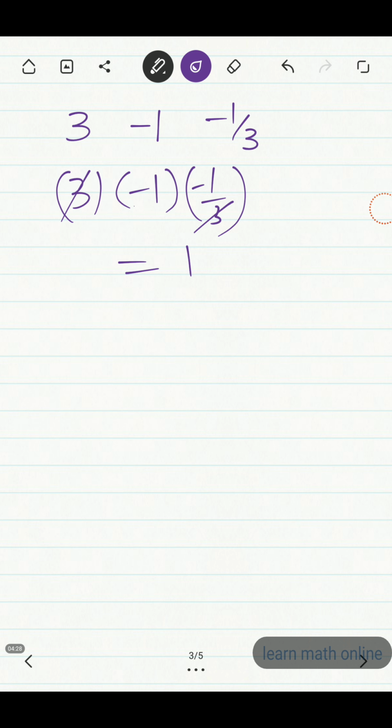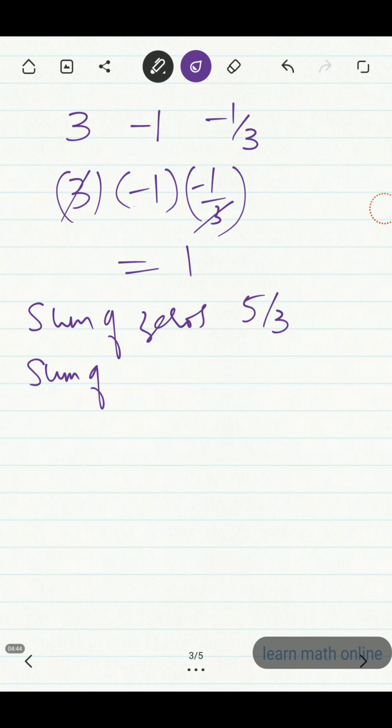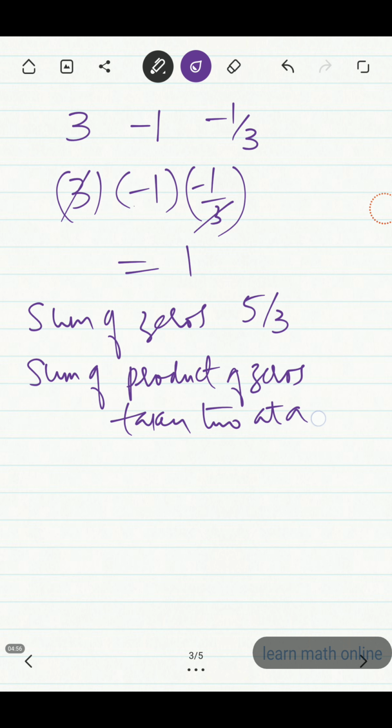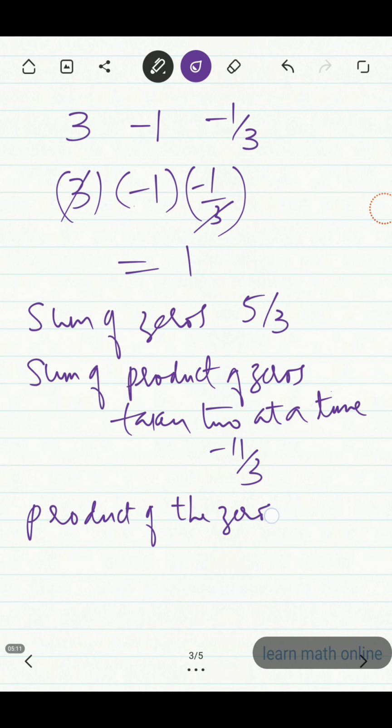So we got the sum of zeros as 5 by 3, the sum of the products of zeros taken two at a time as minus 11 by 3, and the product of the zeros as 1.